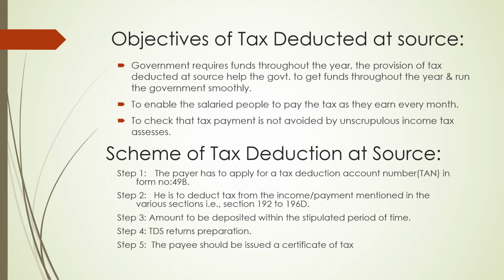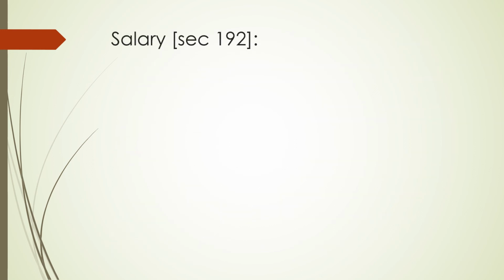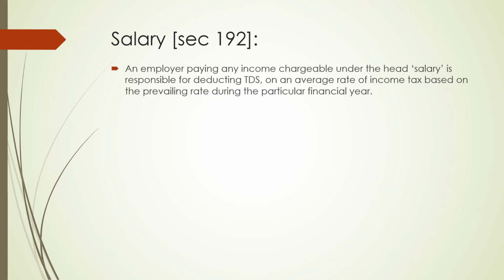Then the amount is to be deposited within the stipulated period of time. There is some prescribed period of time. Within that period only you need to deposit the amount as TDS. Then TDS returns preparation, then you need to file TDS. After that, the payee will obtain a certificate of tax.